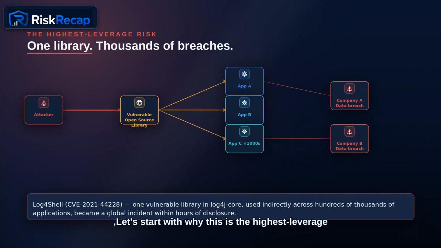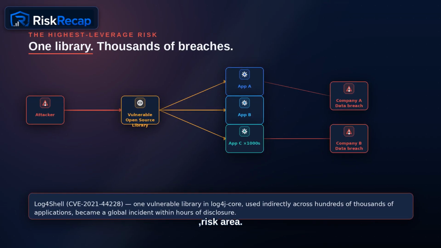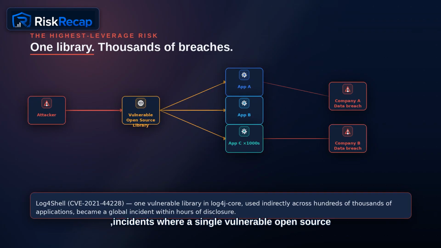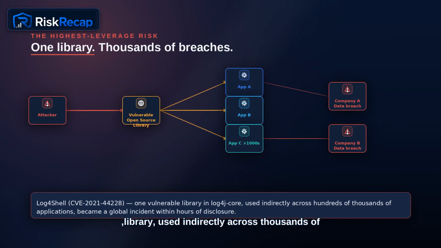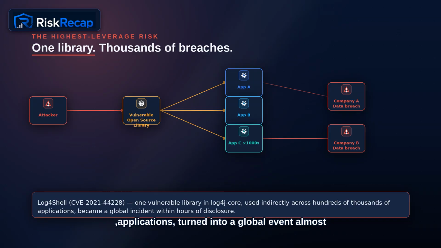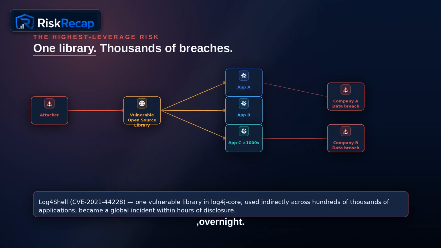Let's start with why this is the highest leverage risk area. You've probably heard about major security incidents where a single vulnerable open source library used indirectly across thousands of applications turned into a global event almost overnight.